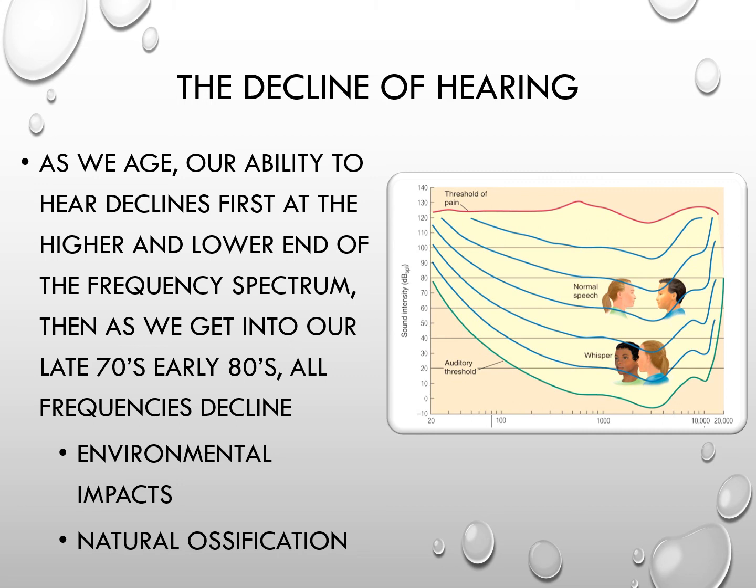But for the majority of the population who doesn't have that overabundance of sound and does damage to their ears or their structures within the ear that causes some kind of prolonged damage that lasts for the lifetime, the thing that causes deterioration of hearing over time is this process called ossification, where those bones within the ear that I talked about before, the stapes, the incus, and the malleus, start to become more rigid.